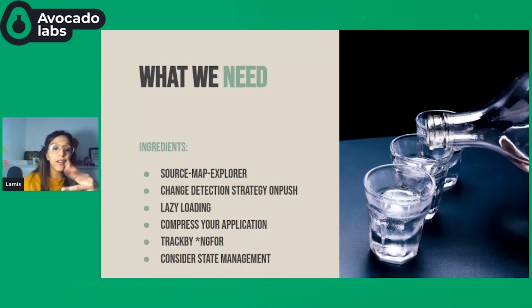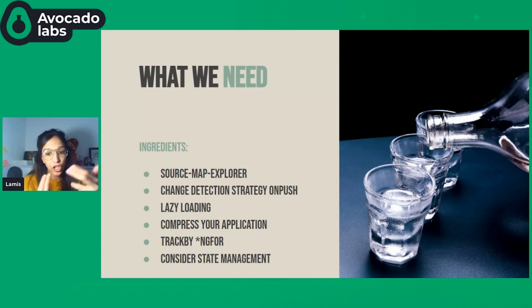Okay, and what you need here is some useful tools like Source Map Explorer. You need also to use the change detection strategy on push, lazy loading, compress your application before you ship it into production. Okay, you can use the gzip format in order to compress your application.